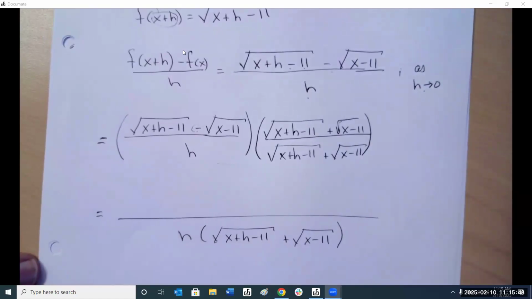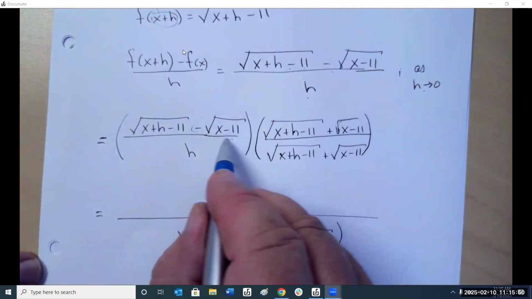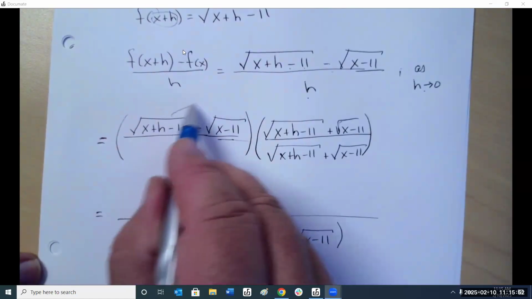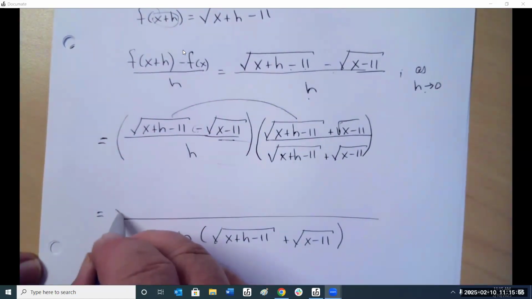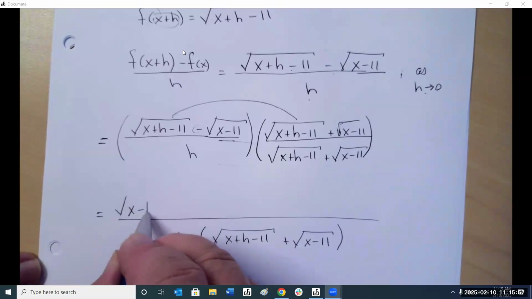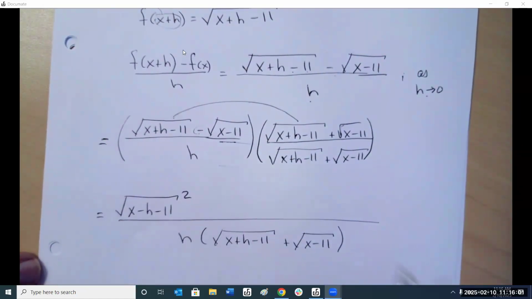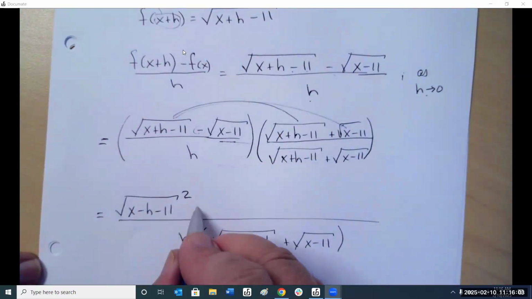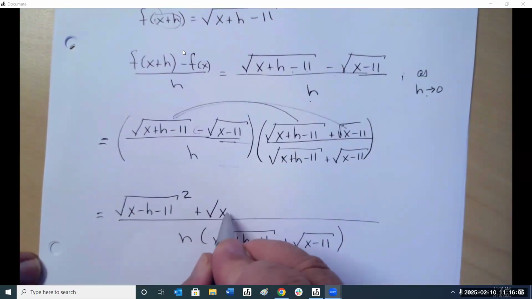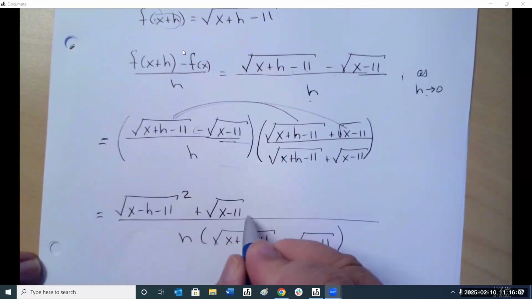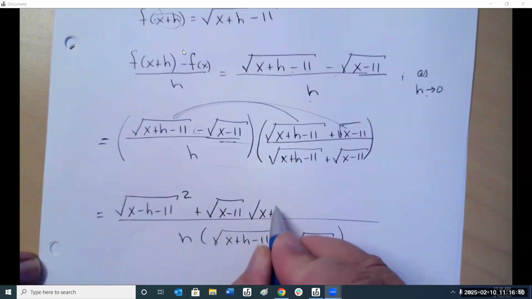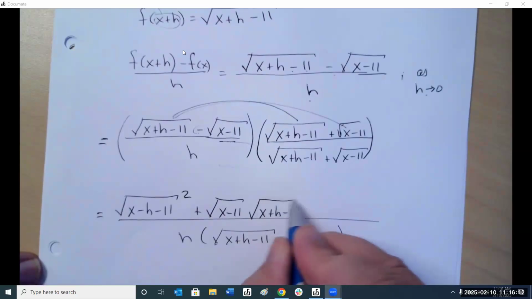On the top, we have to FOIL it out. We multiply this times this, which is the square root of x plus h minus 11 squared, plus square root of x minus 11 times square root of x plus h minus 11.